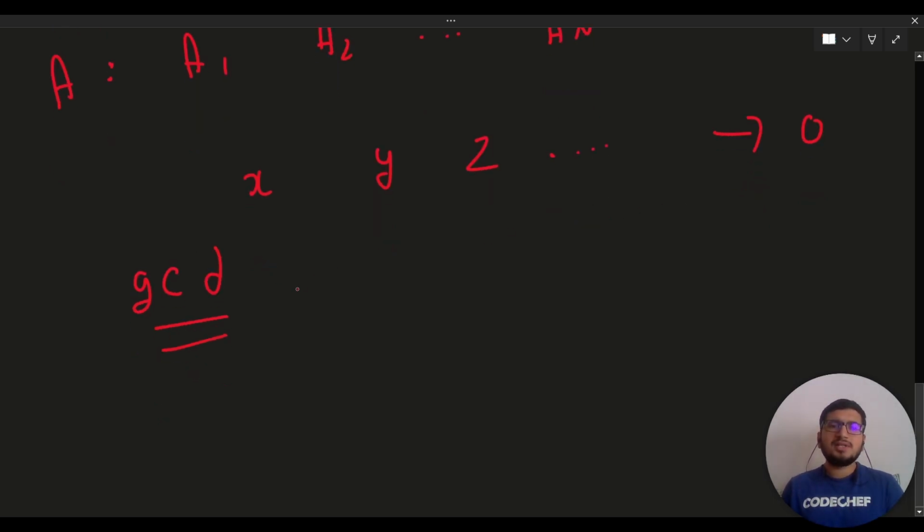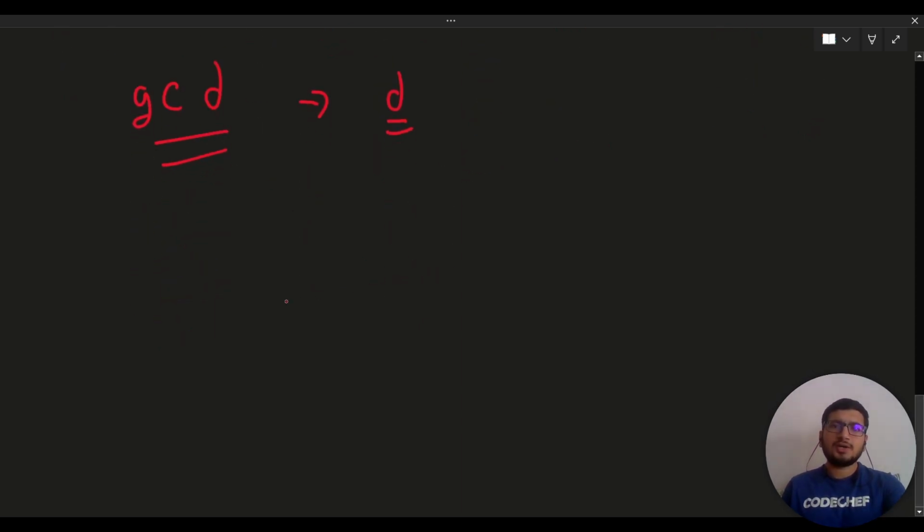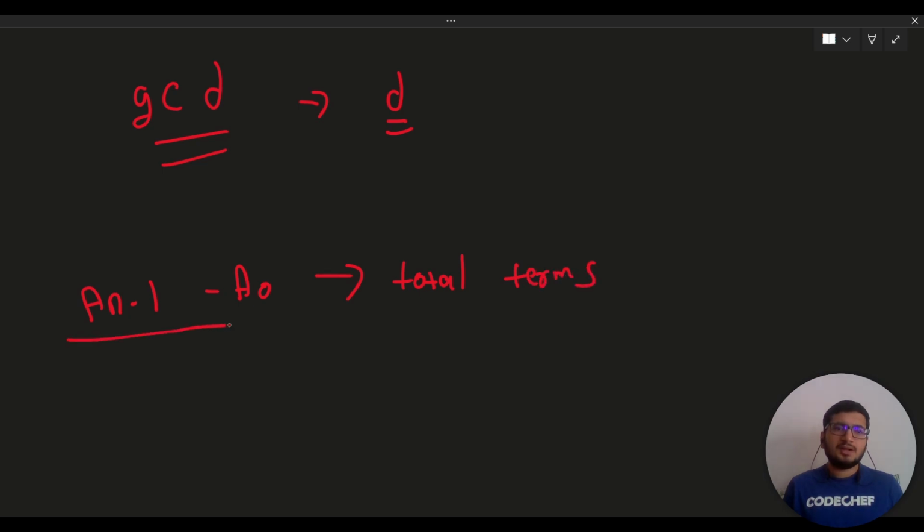Once we have this GCD value, let's call it the divisor d, we know that this is going to be our arithmetic progression term, that is, this is the difference going to be between each adjacent element. So what we can do is, we can find the total number of terms. Since the array is increasing, the total number of terms is nothing but the first and last element difference divided by d.